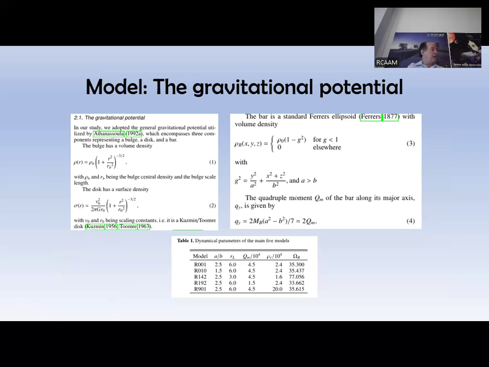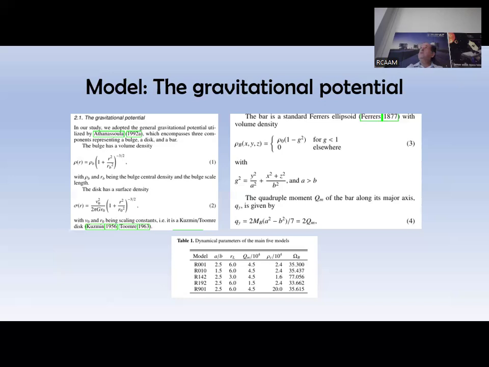Back in 1992, Lia Athanassoula did two papers in the same volume of Monthly Notices, one describing the orbital dynamics and the other the gas response of this Ferrers bar. The Ferrers bar behaves very close to what we expect in galaxies. That's why they are popular. Of course, these are 2D models in that case. Okay, the gas is on the equatorial plane of the galaxy.